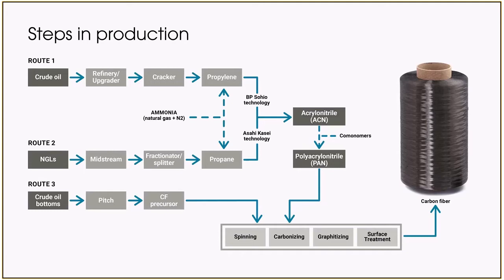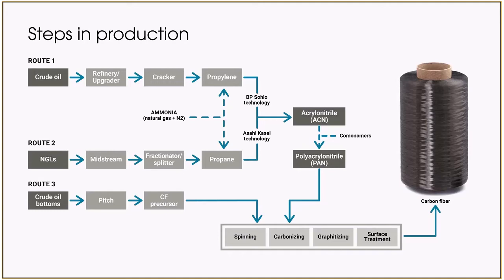And we go through at the bottom, at a very high level here, carbonizing, graphitizing, which are essentially steps to remove impurities and reorder the carbon structure. And we get to, on the right-hand side, an actual carbon fiber, which is wound. On route 2 here, from natural gas liquids, we get through to a propane. And this is much more of an emerging pathway through a Kasai technology, same pathway.